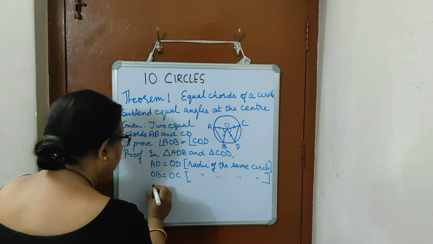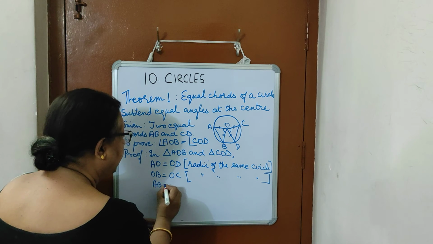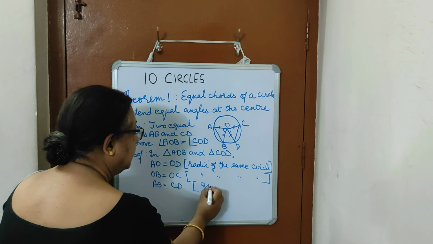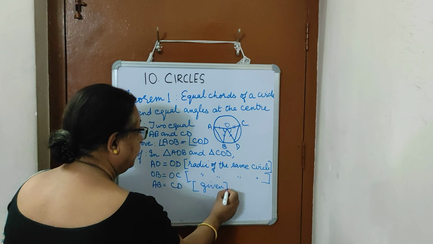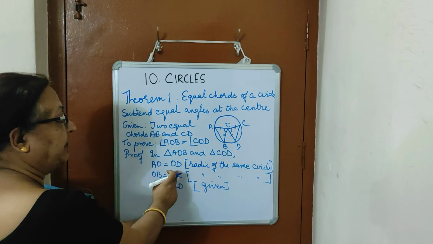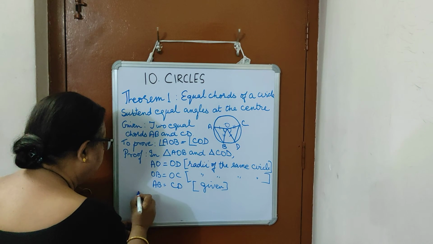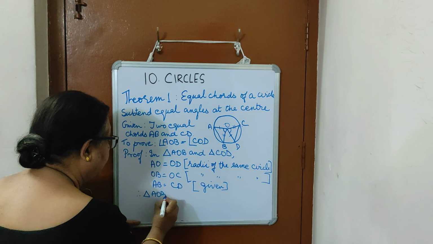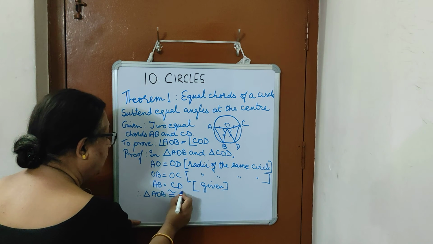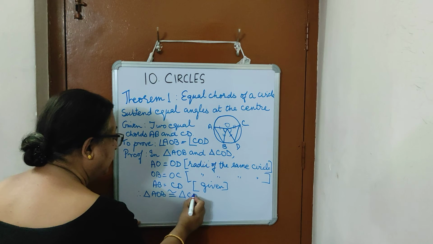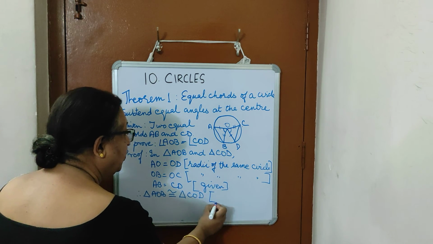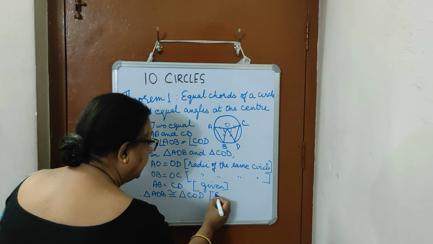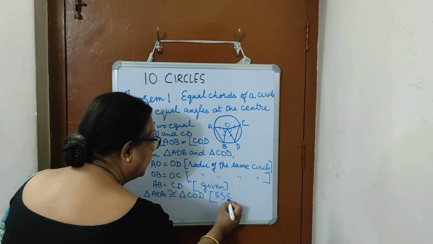And AB is equal to CD. Why? This is given to us. So we have three sides equal, therefore triangle AOB is congruent to triangle COD. Which rule? All three sides of one triangle are equal to those of the other, so we have the SSS rule.